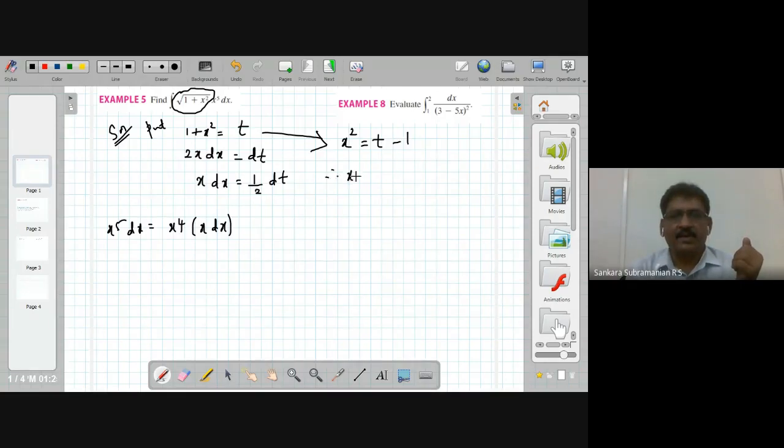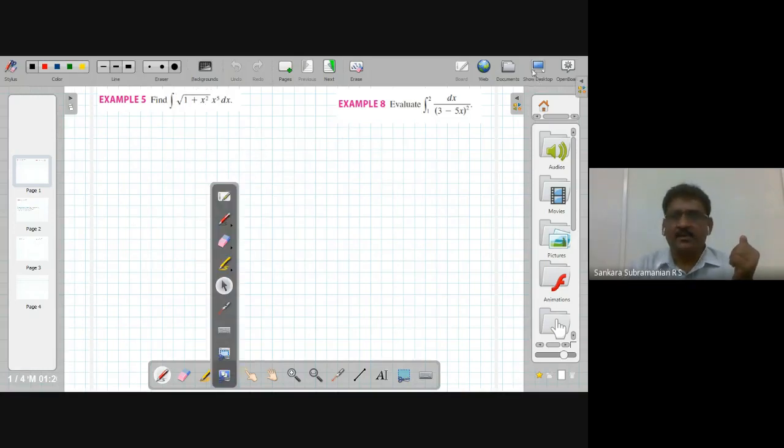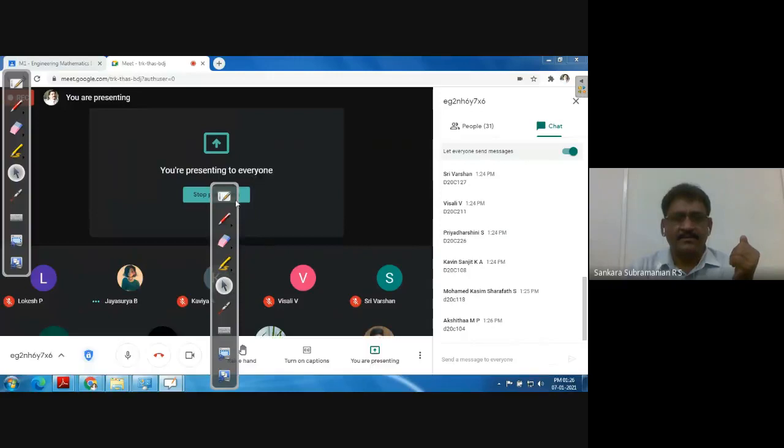So therefore, x to the power 4 can be written as t minus 1 the whole square, and x dx can be replaced with 1 by 2 dt. Okay, so please start doing the problem, evaluate it.